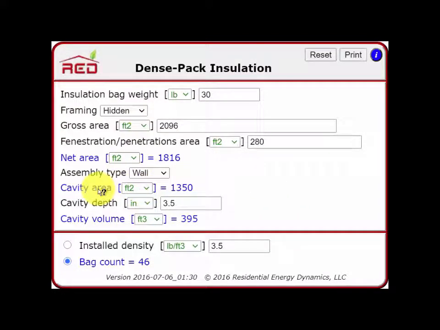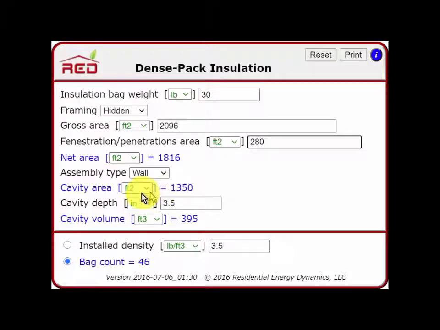So the cavity area, what we have here is the gross area here. Subtracted from that is the fenestration penetration area, and then we have the over 25% of the framing area subtracted also here.